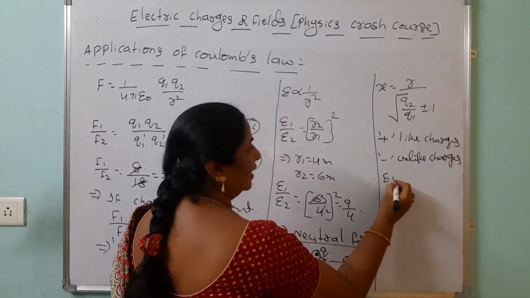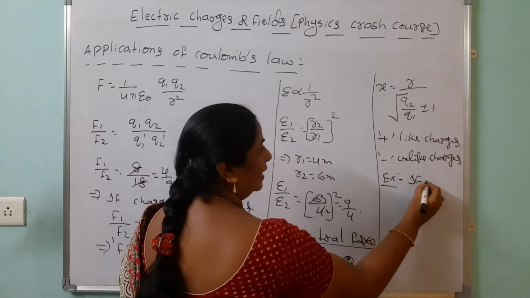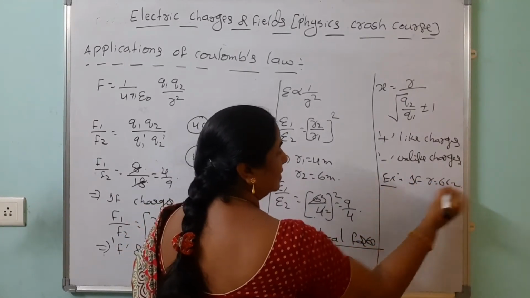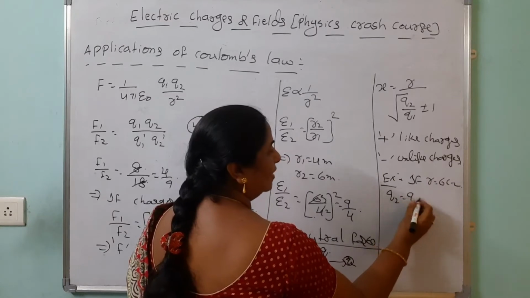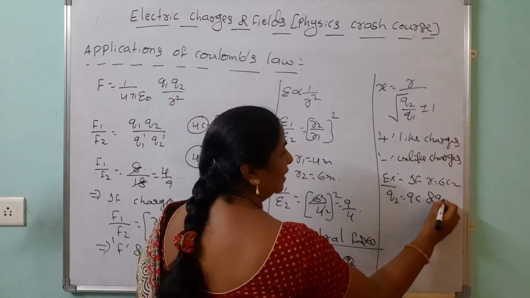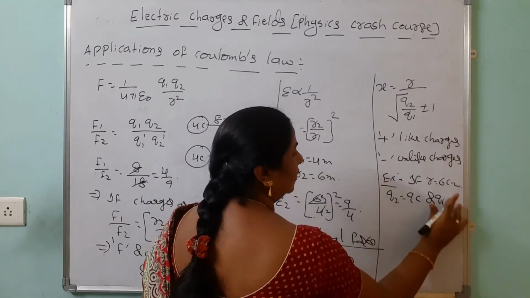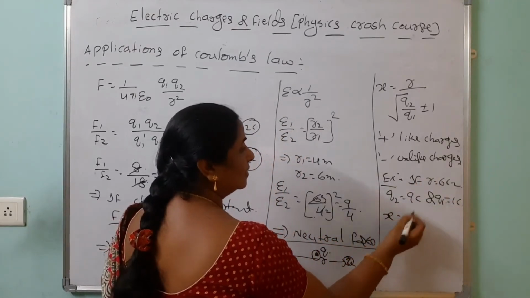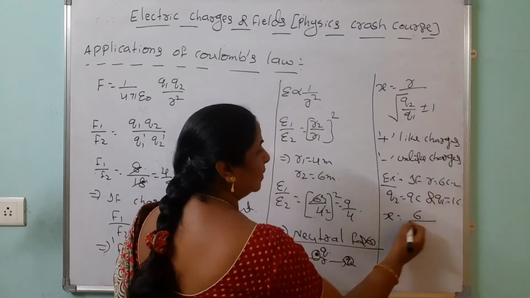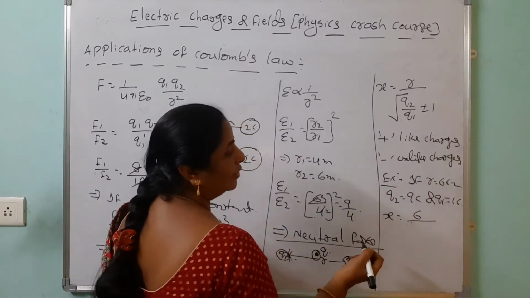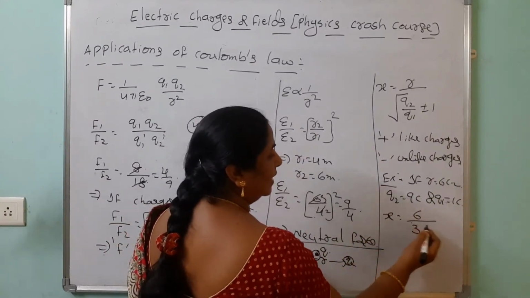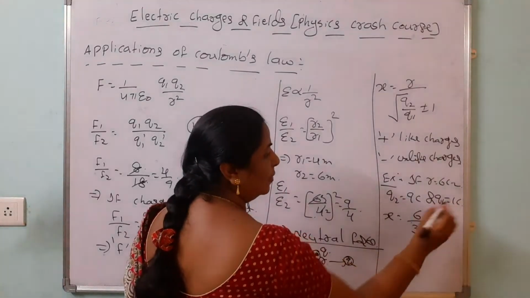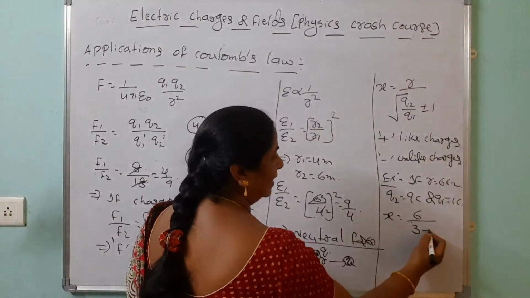One problem we are doing here. If r equals 6 centimeters, q2 equals 9 coulombs and q1 equals 1 coulomb, then where should you get the null point, meaning what is the value of x? 6 by (under root q2 by q1), under root 9 is 3. Both are like charges, positive, positive, so for like charges you take plus 1.